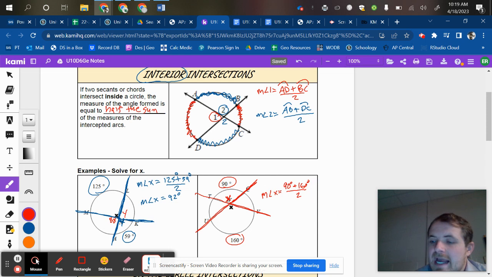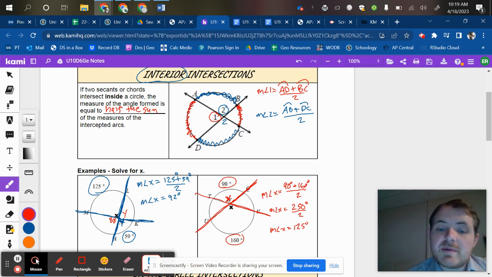It's kind of like an averaging concept if that is helping you think about it in any easier way. Adding those up, I get 250 all over 2. And that gives me that angle X is 125 degrees.